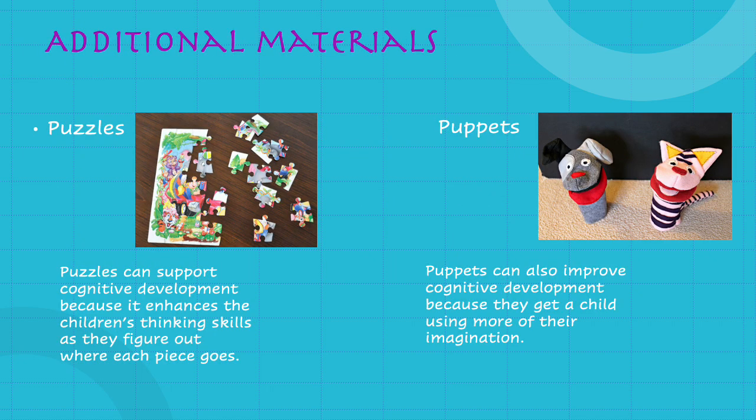Some additional materials that will help in the cognitive area of development are puzzles and puppets. Puzzles can enhance children's thinking skills because they have to figure out where each piece goes. Puppets can spark a child's imagination, which gets the creative juices flowing.